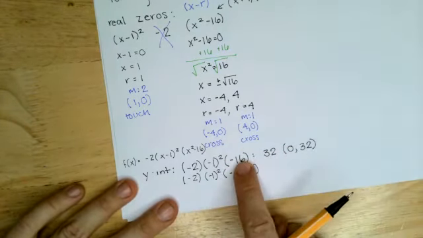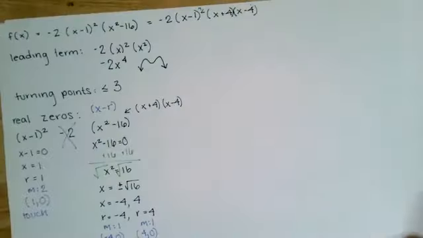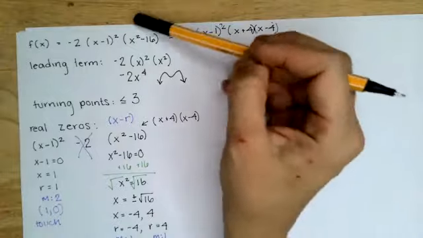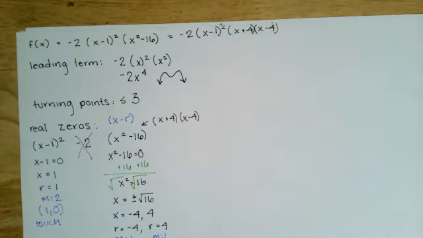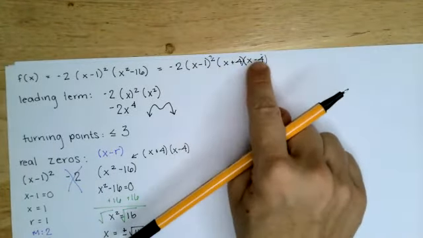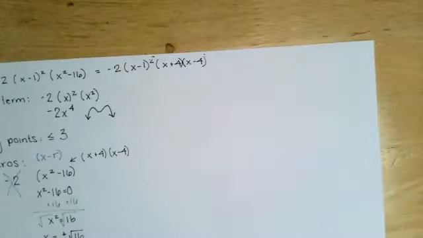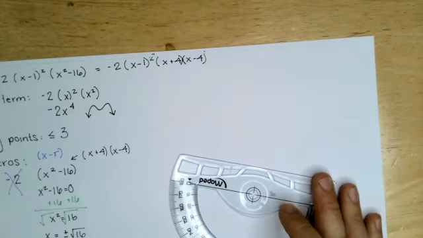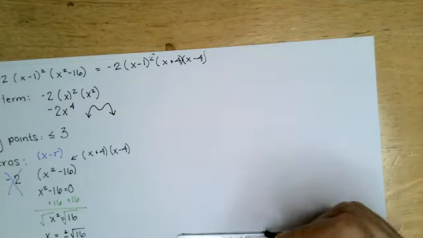But those two would still multiply to -16, so you would still get the same answer. Okay. So when you have the difference of two squares, you are welcome to factor them out if it makes it easier to find the real zeros or the y-intercept. You will still get the correct answer.